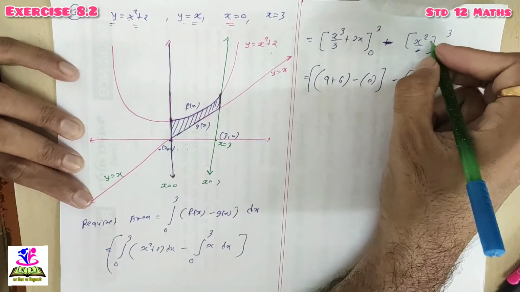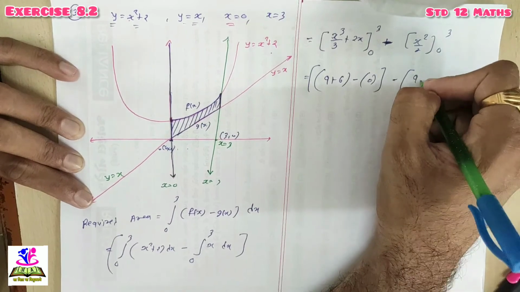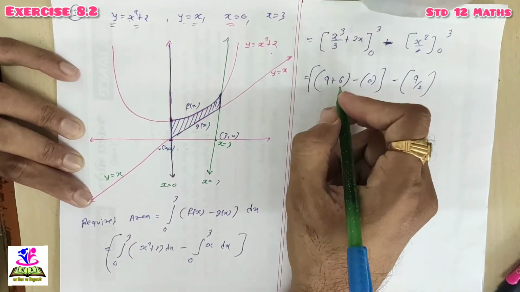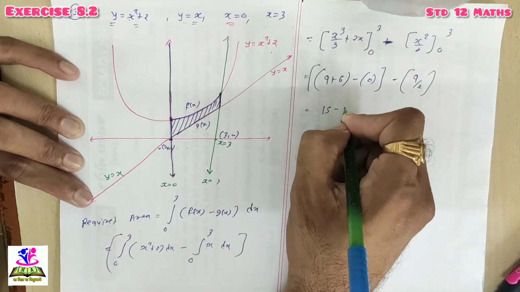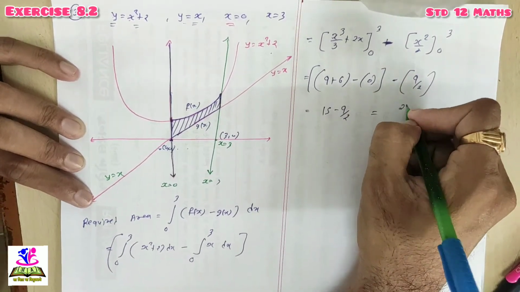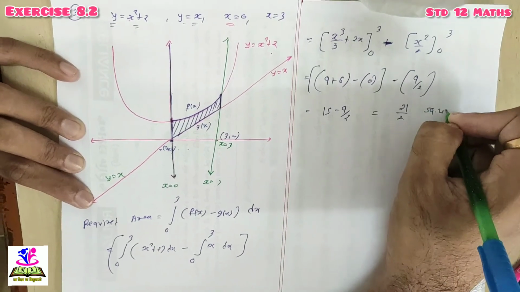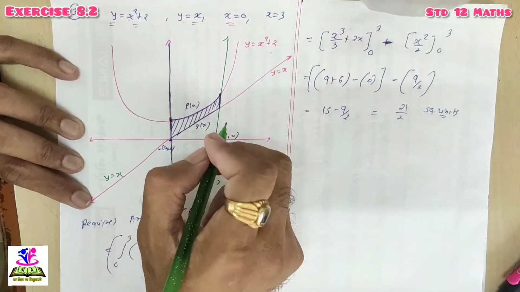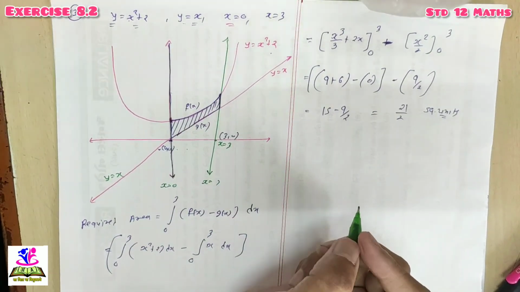Minus, put x equal to 3: 3 square is 9, by 2, minus 0. Done? So it's 9 plus 6, 15, 15 minus 9 by 2, that is 30 minus 9, 21 by 2 square units. 21 by 2 square units is the area under these two curves. Clear?